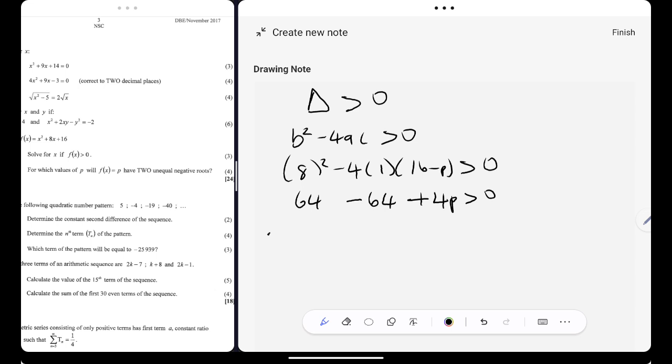So I'll just have 4p greater than 0 and p greater than 0. So my roots will be real when p is just a positive number. My roots will be unequal rather when p is just a positive number.